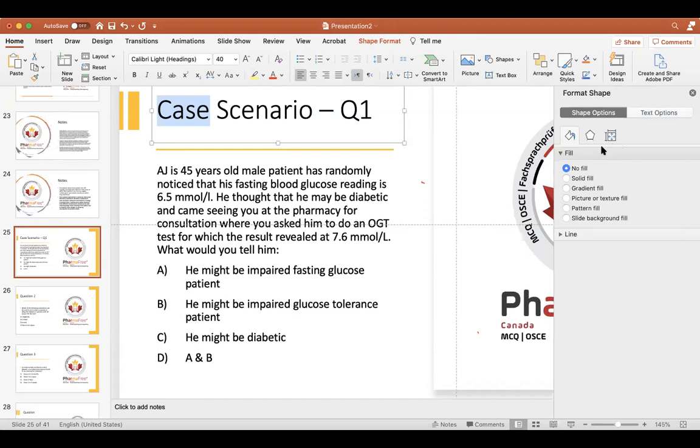Okay, so Ziad answered C, then he deleted the answer. What are the answers, my friends? Okay, Rana says A, Hala A, Rima A. Yes, fasting is 6.5, OGTT is 7.6. Is this patient diabetic or another thing?